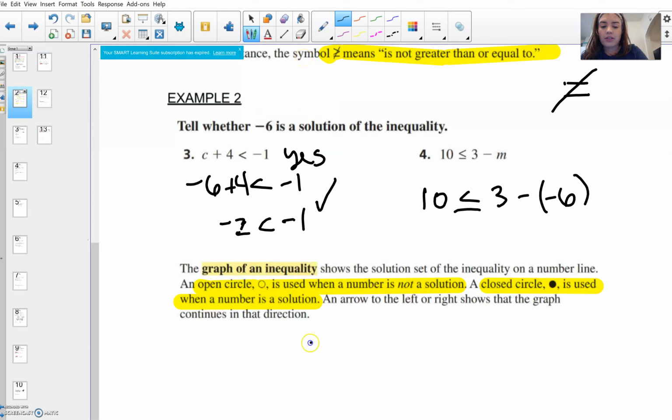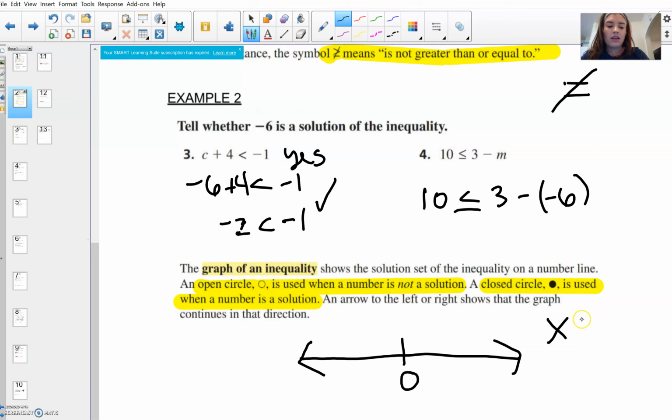So I want to talk about this for a second. Say we have 0, and we have an expression that says x is greater than 0. So it has to be bigger than 0, and it cannot include 0, right? Because it has to be greater. Some people want to skip to the number 1 and circle that and go on.